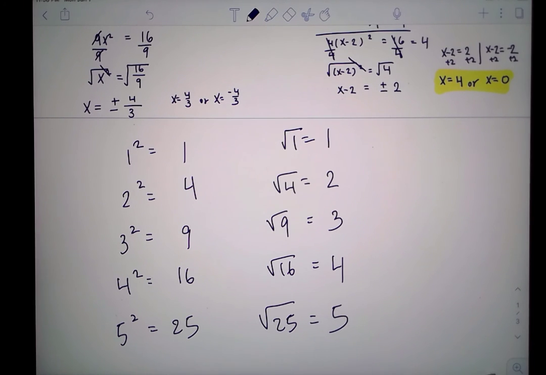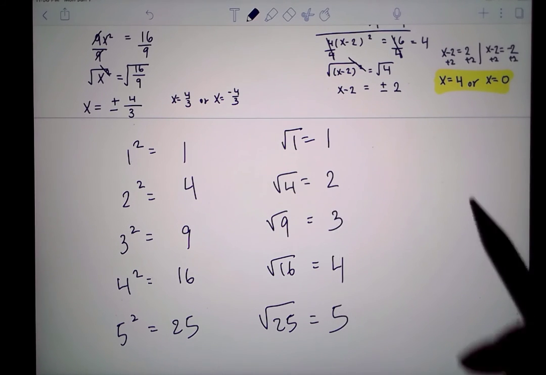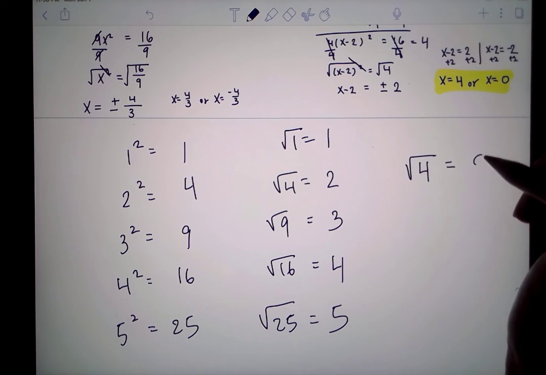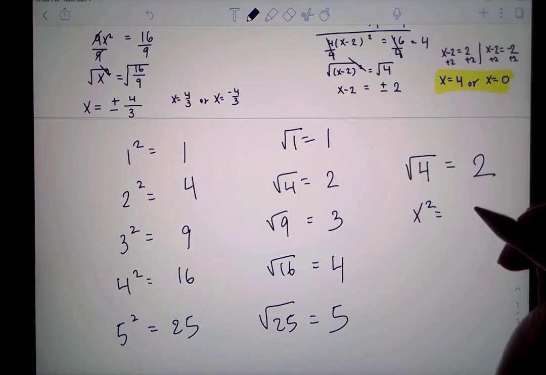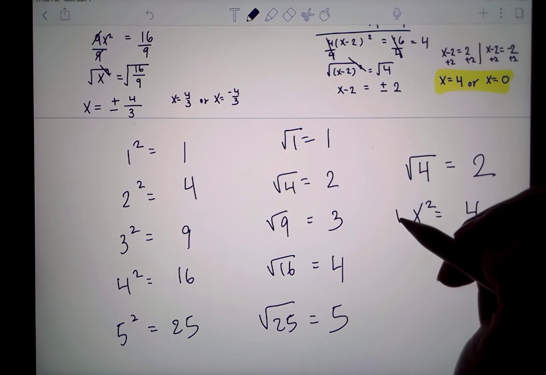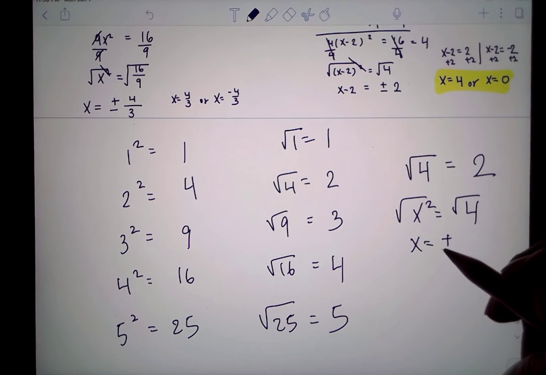And probably some of you might have a question at this point. Why didn't Ms. Hong put plus minus here? Because for this one, you don't get plus minus. If I just ask you, what is the square root of 4? Then that is 2. But if I ask you, x squared is 4, then you need to take the square root of both sides, and in that case you get positive, negative.